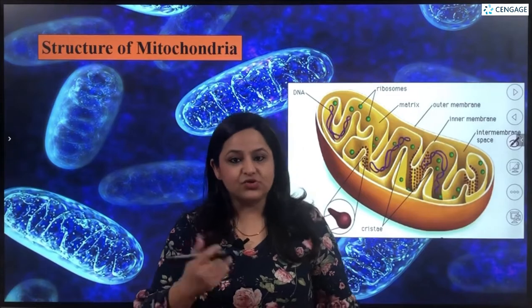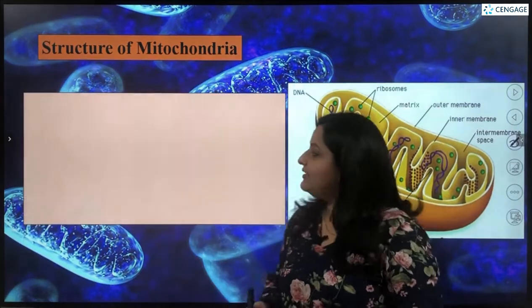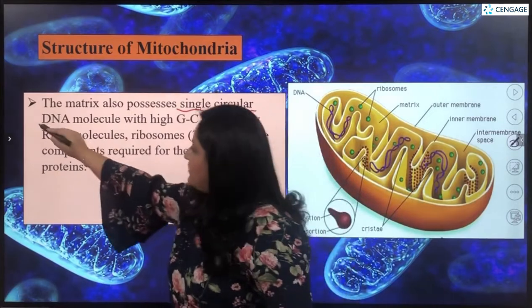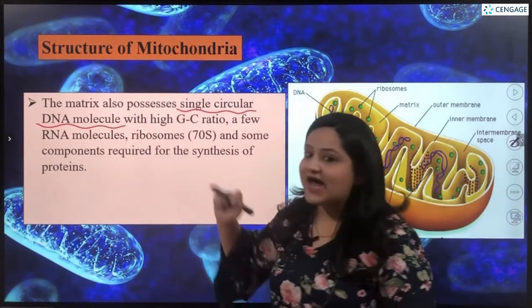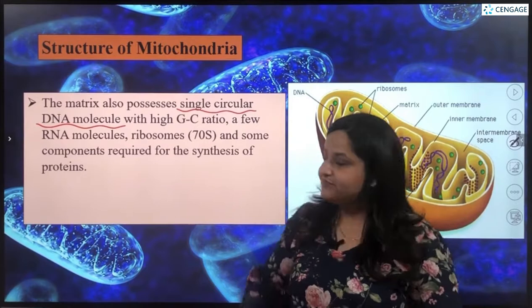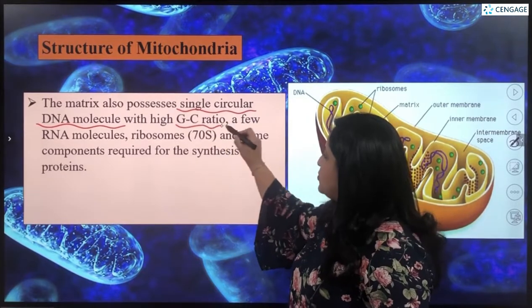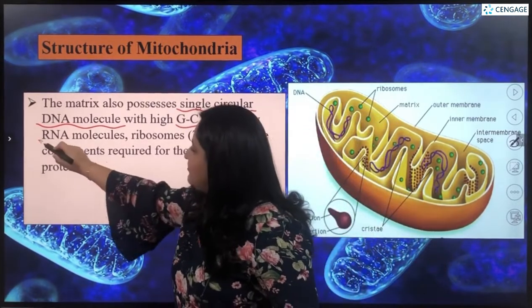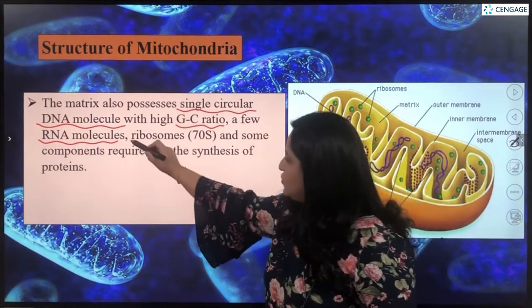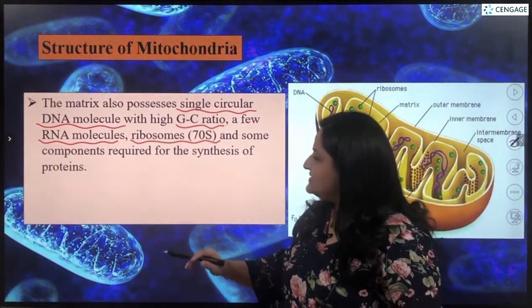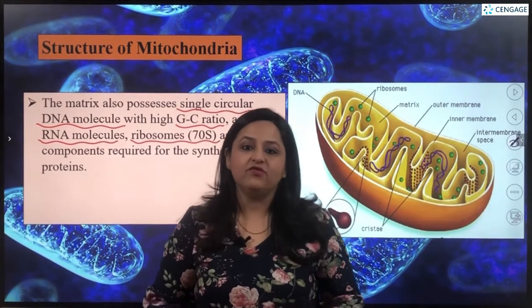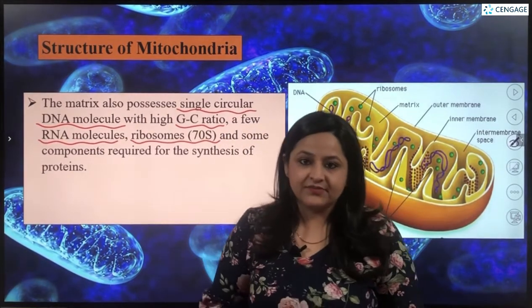Apart from these oxysomes, the mitochondrial matrix also has a single circular DNA molecule which has a high guanosine to cytosine ratio, and the matrix also has a few RNA molecules. It has 70S ribosomes, as well as some of the other components which are required for the formation of proteins.